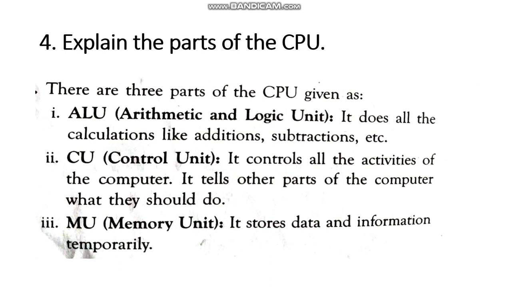It controls all the activities of the computer. It tells other parts of the computer what they should do. Okay. Then third one, MU, memory unit. It stores data and information temporarily.